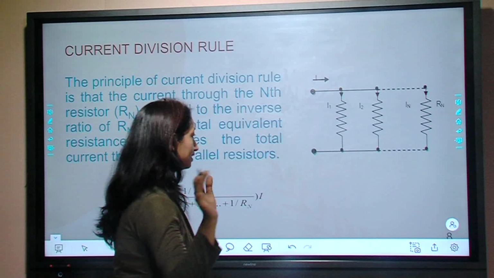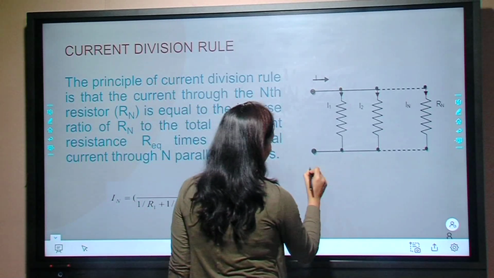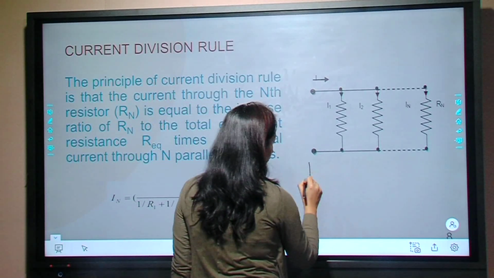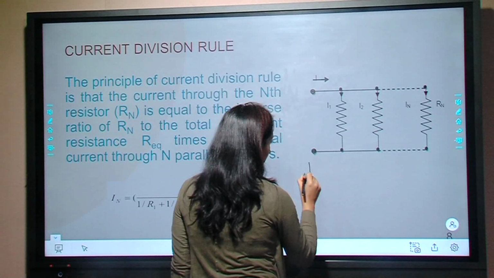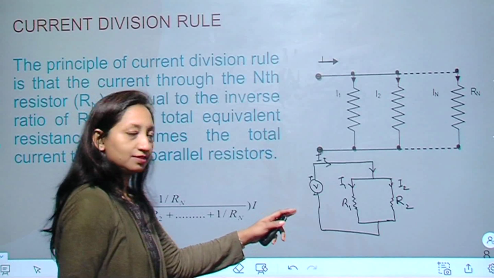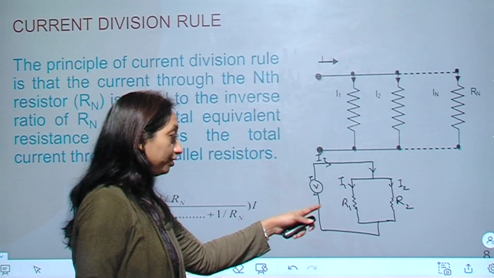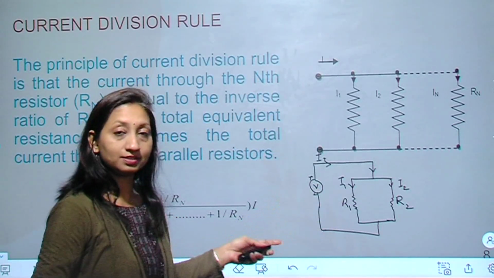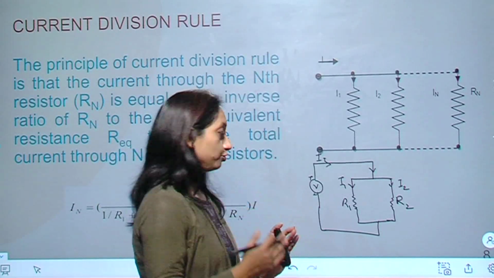Now suppose we consider one circuit. Here the voltage source has plus and minus terminals. Let us see in this circuit where resistors are connected in parallel, what is the current in each resistor.